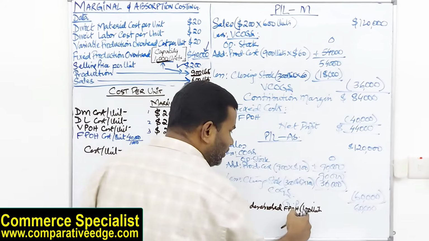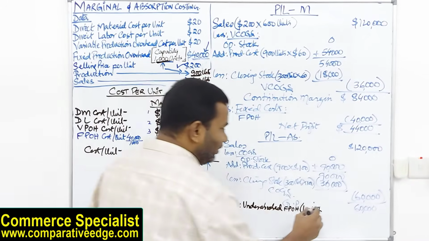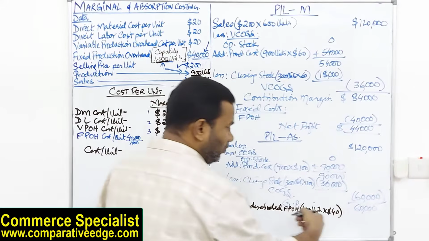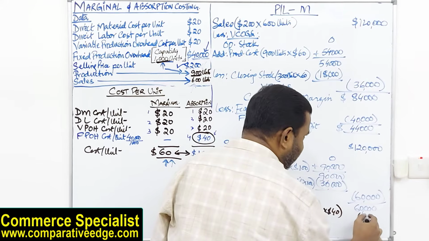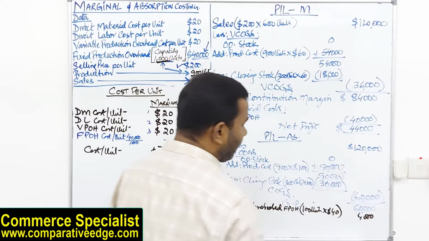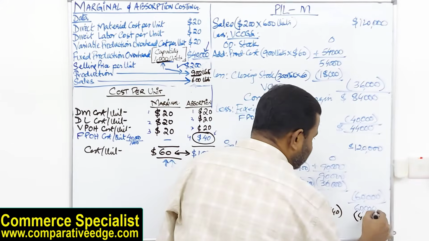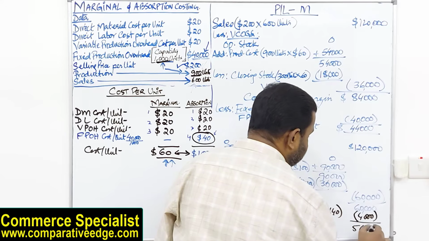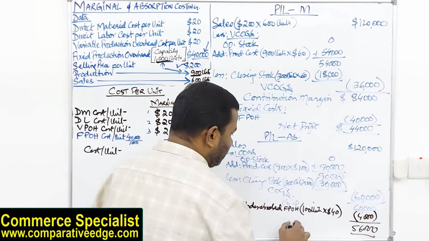So on 100 units which you did not make, $40 of overhead could not be recovered. So when you multiply, you will get 4000 here. Okay, so you minus, you get 56,000 as your net profit.